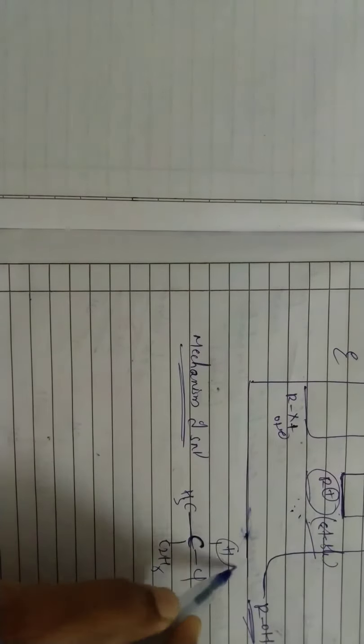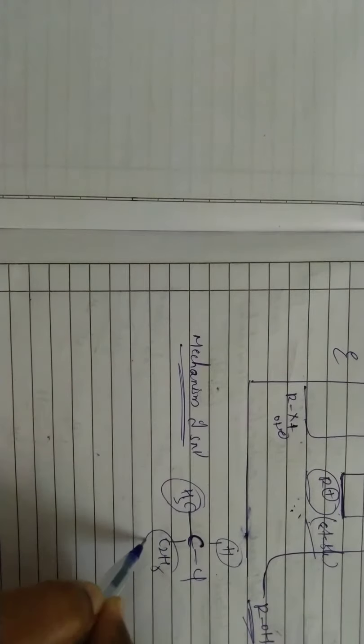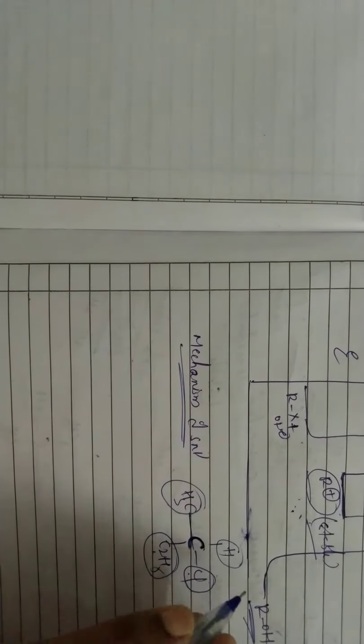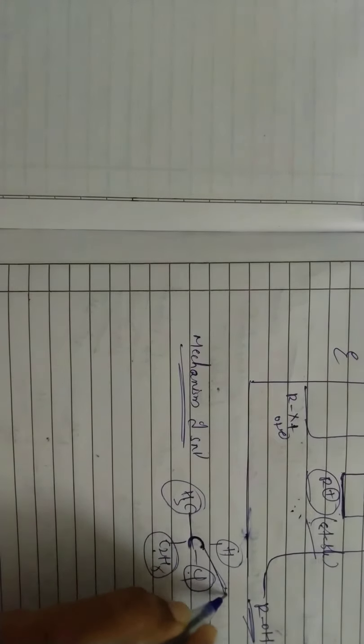The middle carbon contains 4 different groups: one is hydrogen, another is methyl, another is ethyl, and another is chlorine. So this carbon is called a chiral carbon.